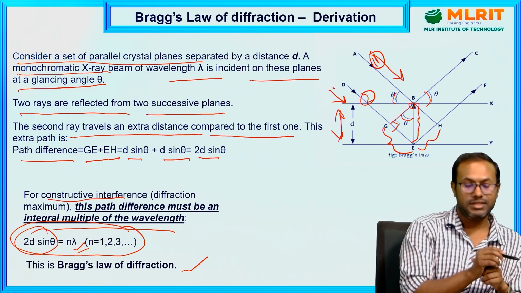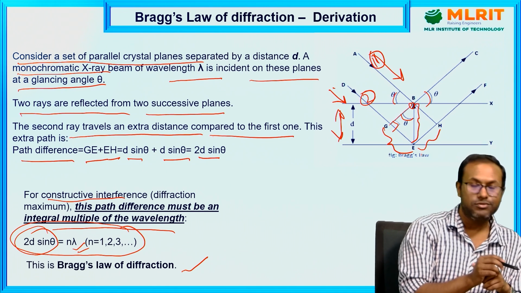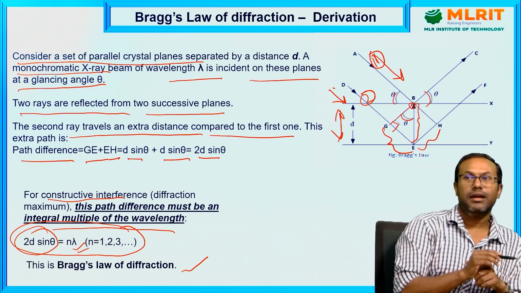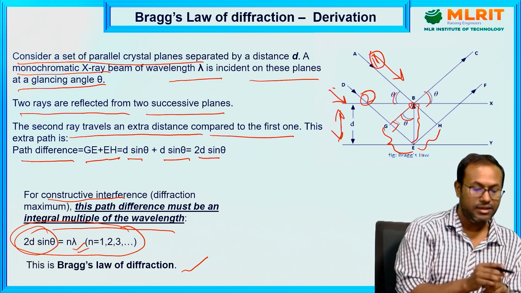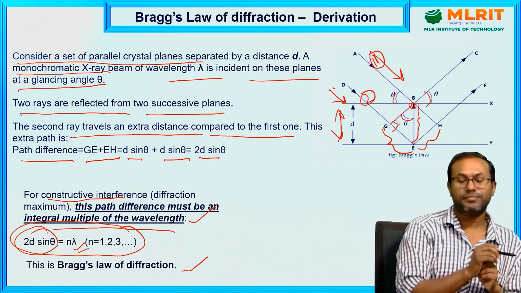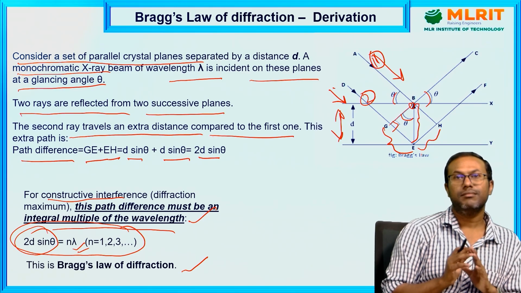When constructive interference happens, only then will diffraction patterns occur, meaning the intensity will be maximum. Okay, then these conditions will follow. So this is some explanation about Bragg's law of diffraction.